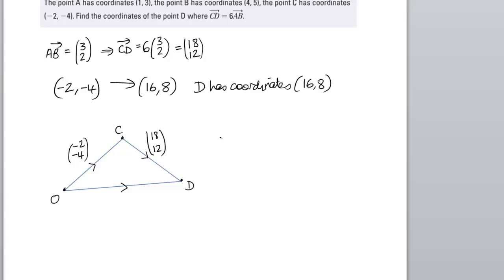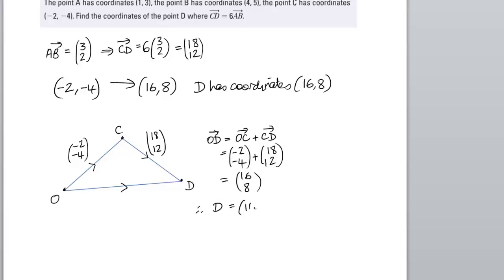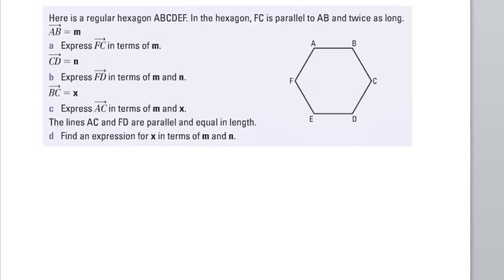So using the triangle law, OD is OC added to CD, which is -2, -4 added to 18, 12. You can see it's exactly the same calculation we did above, just in a vector fashion, and that gives us 16, 8, and same result, therefore D is 16, 8. Two ways of doing the same thing. And again, feel free to pause it if you want to try these yourself before we go through them.